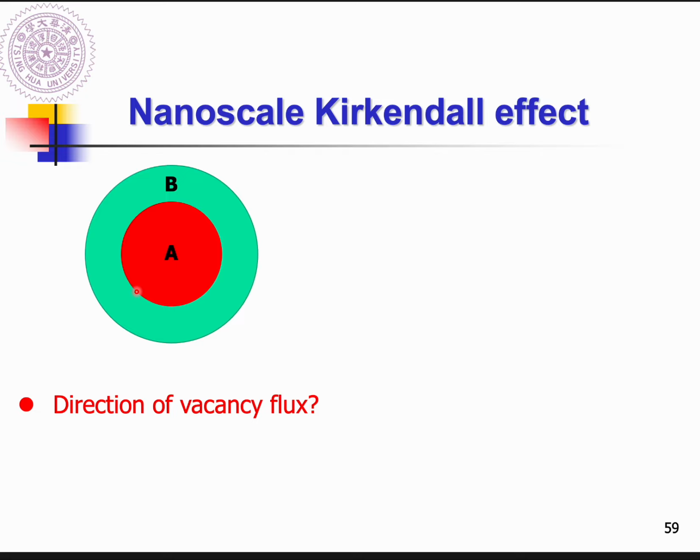In the beginning, what we have is a core A and a shell B, this kind of core-shell structure. As we know, the flux JA is larger than JB, so JA goes toward the outside and JB goes toward the inside, but JA is larger than JB in order to achieve a net flux equal to 0. So we know there's a vacancy flux moving inside, right? So the question here is the direction of the vacancy flux.